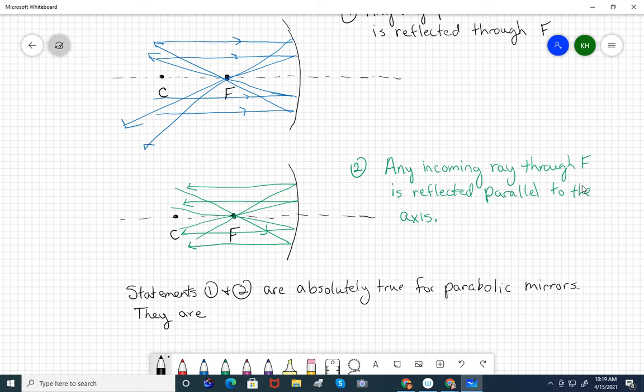They are almost true for what they call paraxial rays.